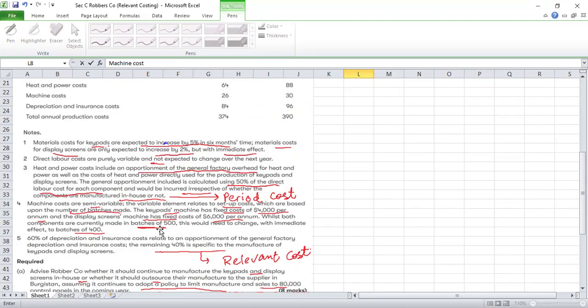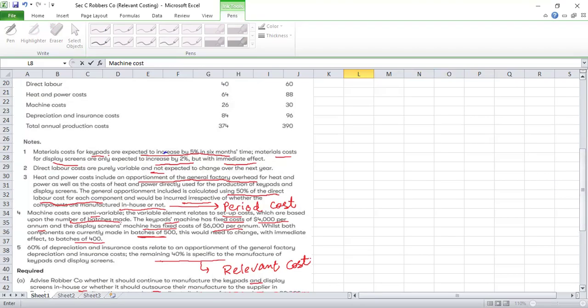It is based on batches. Currently we are producing 500 batches, but now we will produce what? We will produce with immediate effect batches of 400. Okay, so we have to look at this cost of machine setup cost. It is 26,000 and 30,000. Out of 26,000, we have to eliminate the proportion of fixed part.